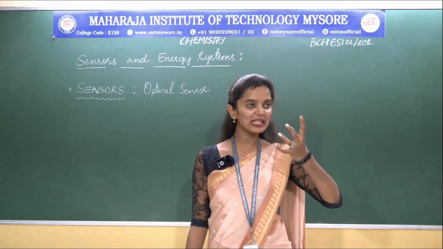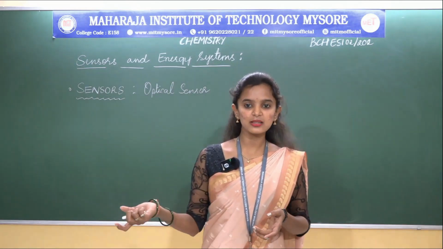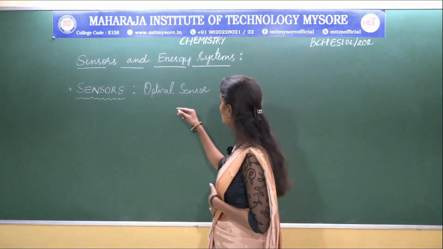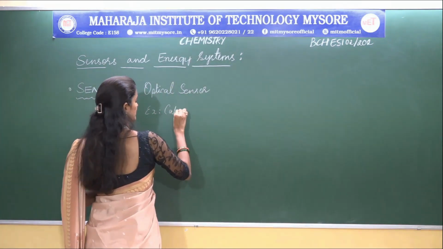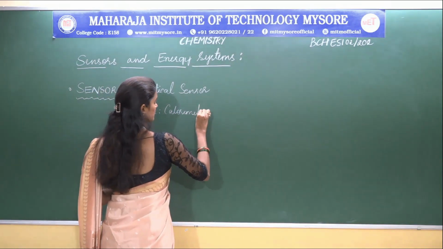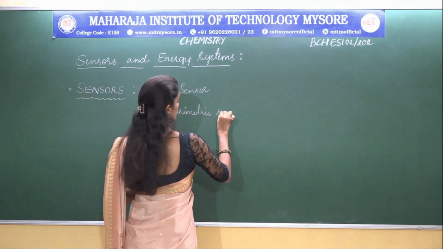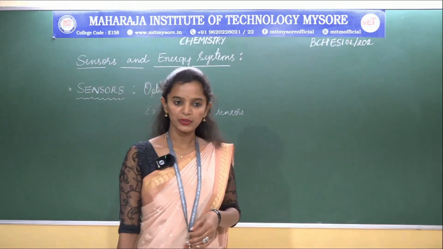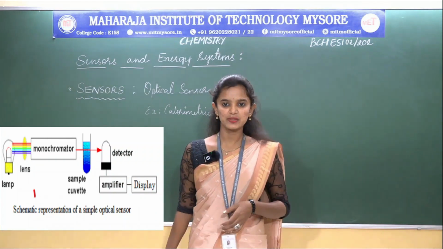The incident radiation from the sun or from the source is converted into electrical signals, which is finally displayed. Colorimetric sensors are an example of optical sensors. Under the optical sensors, we are going to study its principle, working and applications.